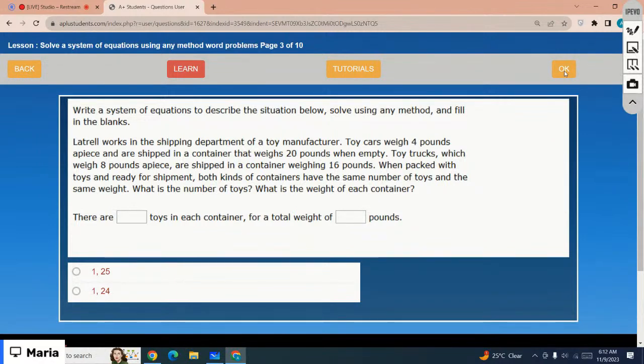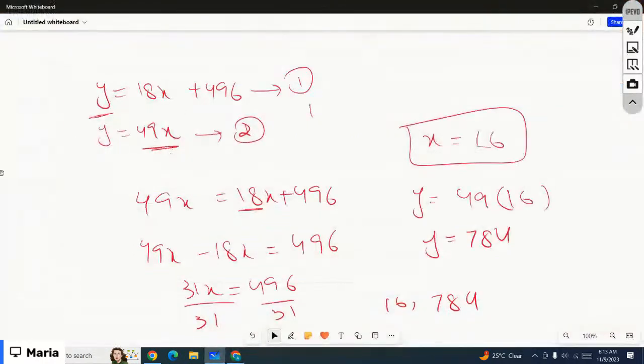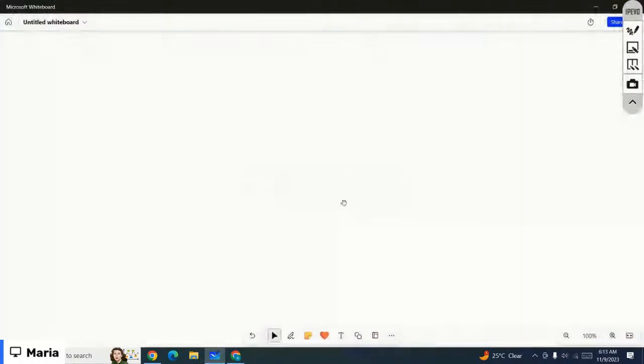Okay, so first let's write down the equations. Toy cars weigh 4 pounds apiece and the container weighs 20 pounds when empty, so that would be y equals 4x plus 20.